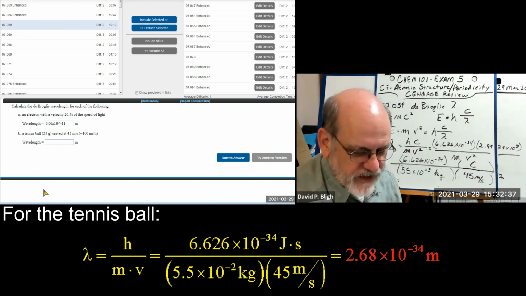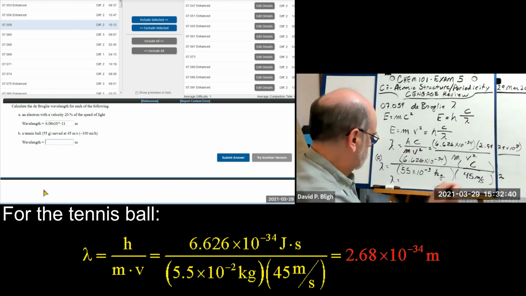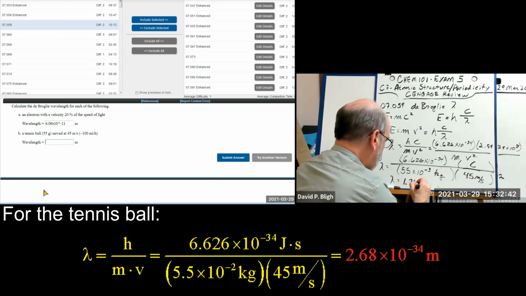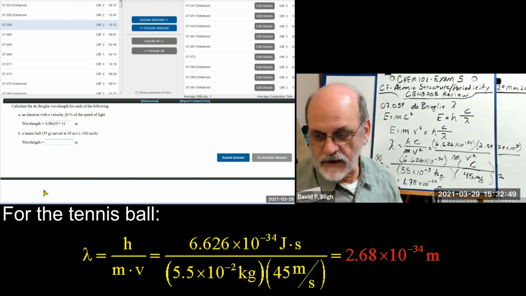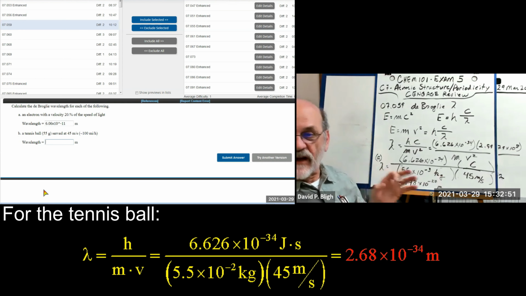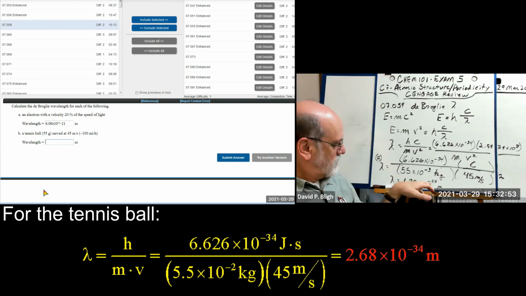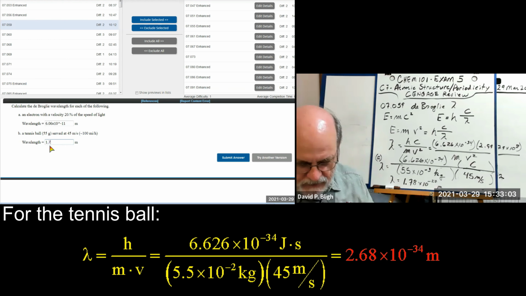So this is 1.78 times 10 to the minus 27 meters. So notice the larger objects moving slower have a much smaller wavelength. Minus 27.